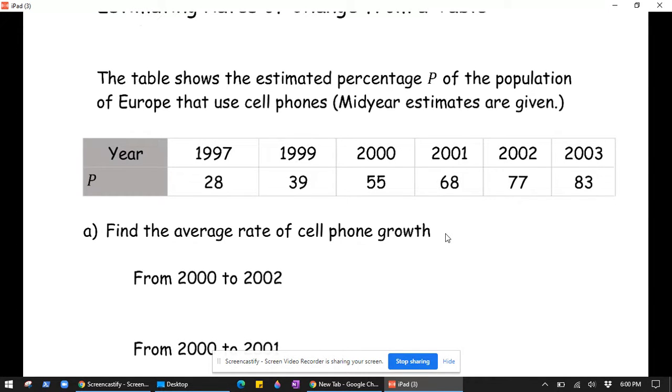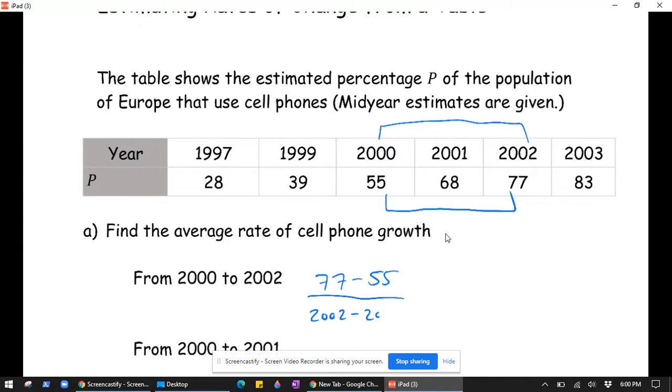So an average in this context is going to be a slope of a secant line. So an average rate of change will be the change in percentage over that time interval divided by the change in time. So the answer to this question will be 77 minus 55 percentage points divided by 2002 minus 2000.